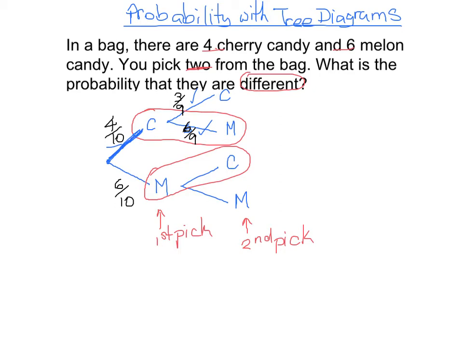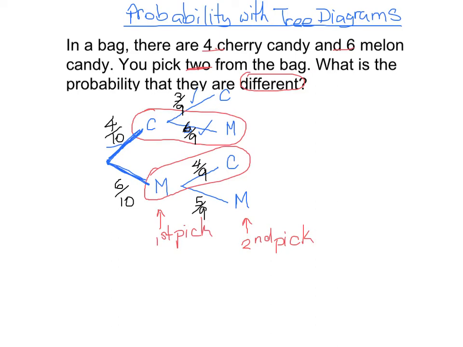If you went down this direction and first picked a melon, there's 1 fewer melon. So now it's 5 melon out of, and again, the total is also less because you picked a melon out of the bag. So it's 5 out of 9. And cherry, we didn't mess with it, so it's still 4 out of 9, 1 fewer in the total. And that's what our tree looks like.